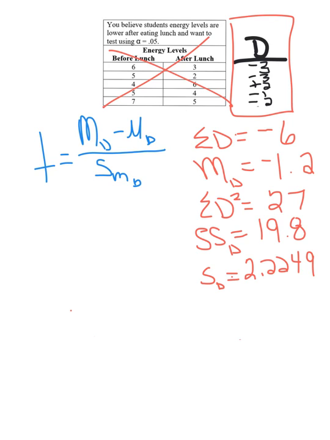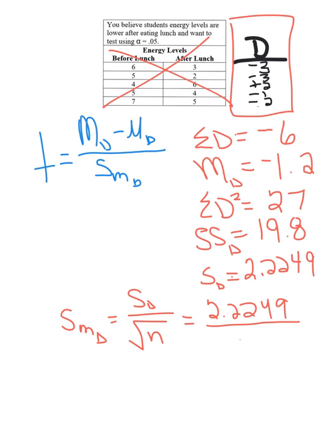So the estimated standard error of the difference is our standard deviation of the differences divided by the square root of n. So we're going to take that 2.2249 divided by the square root of 5. Okay, don't use the degrees of freedom, it should be the sample size.